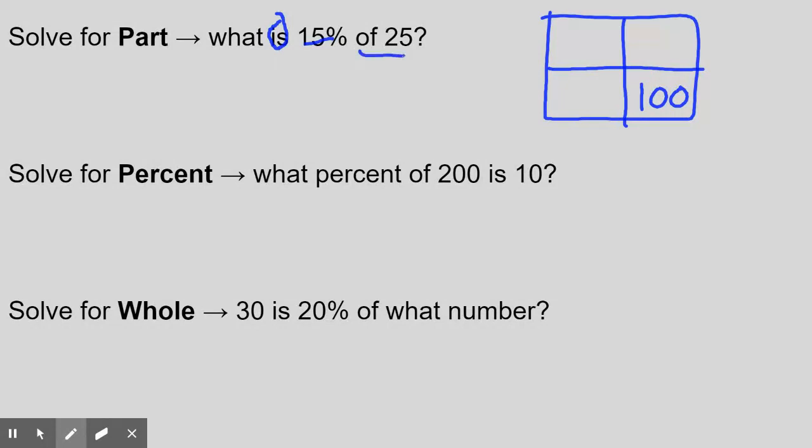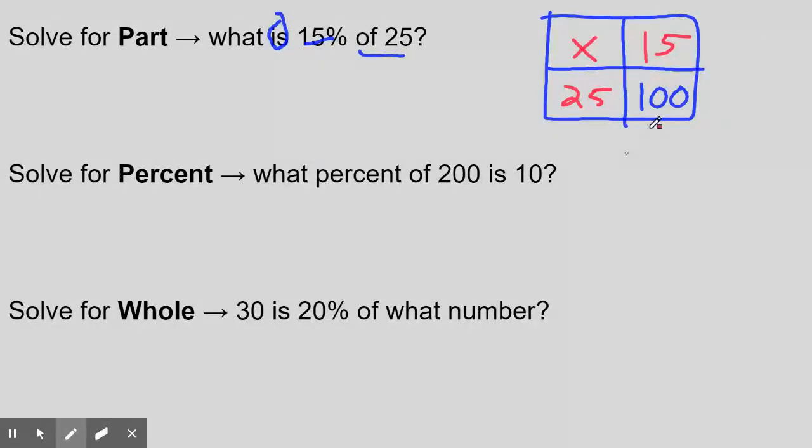Let's break this down. Well, I see percent, so I know percent has to go in the top right above 100. Then I see of 25. That tells me 25 is the whole. What is? Well, we don't know what is, so that's going to be our unknown, our variable, the x.